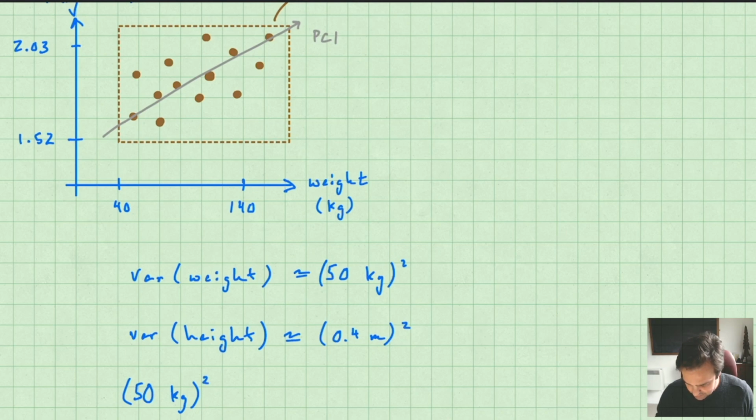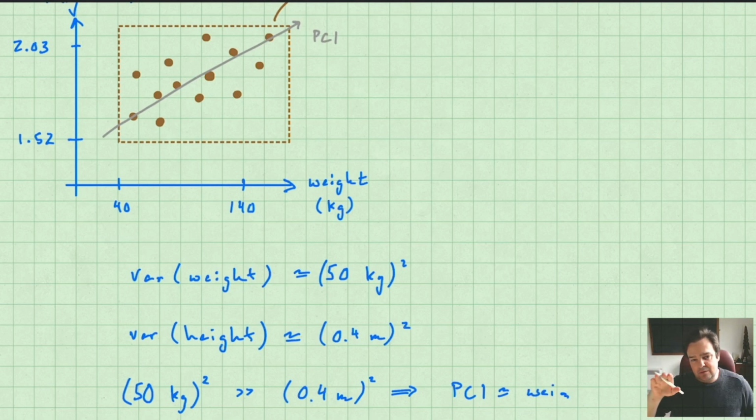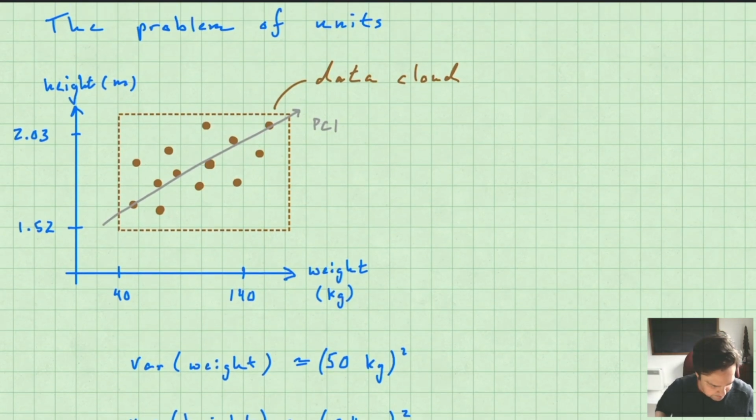It is a lot bigger than 0.4 meters squared, and therefore principal component 1 should be close to weight, because that's the axis that has more variation, and so that's why the tilt of that arrow is closer to horizontal than to vertical, say.